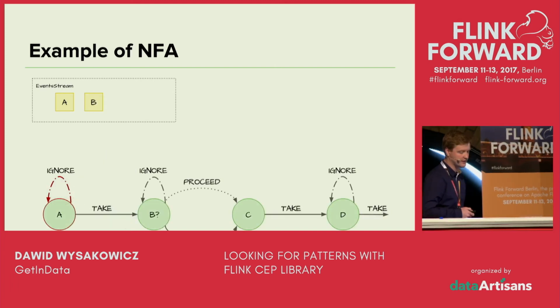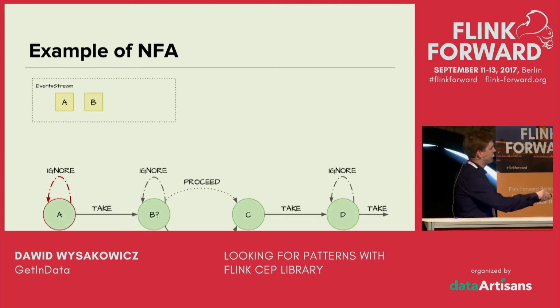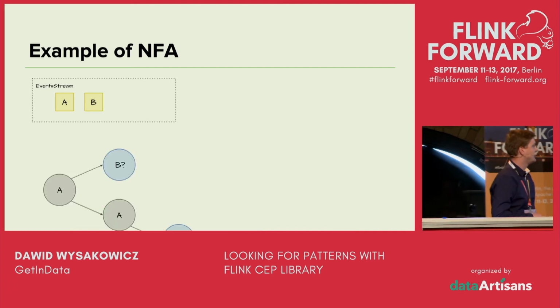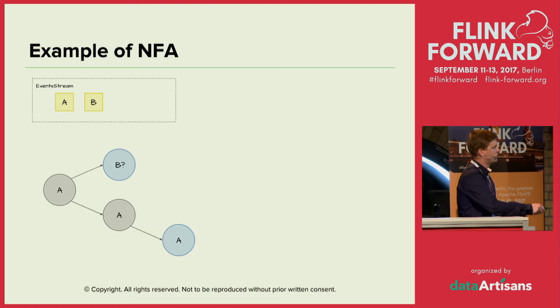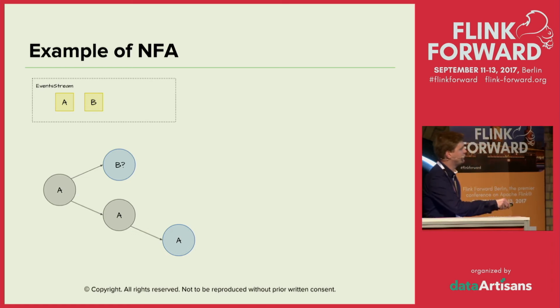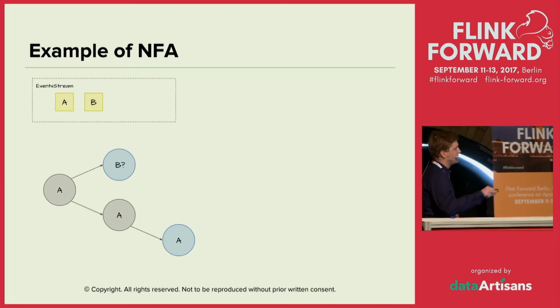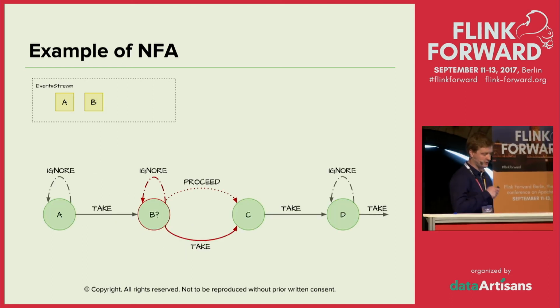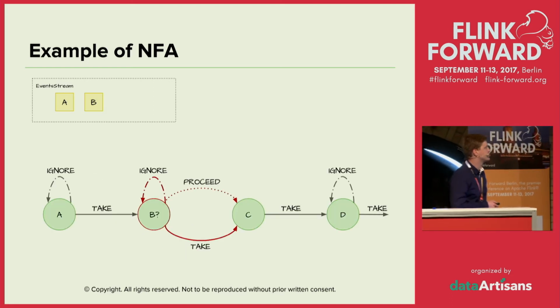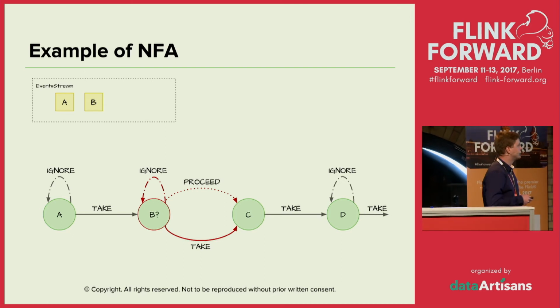In the case of the A computation state, B will trigger only the ignore condition, which will generate a new active computation state. In the B case, it will satisfy the conditions of 3 transitions named ignore, take, and proceed.